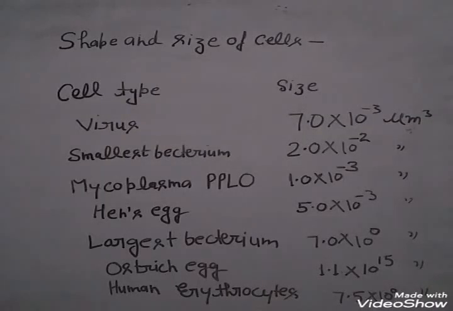The next is the shape and size of the cell. Here we define some living cells or living organisms and their size. The cells of different organisms are not similar.